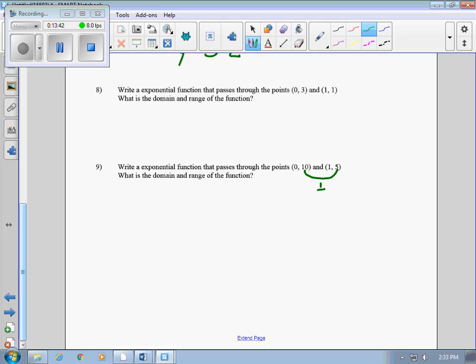That does decrease, but we have our y equals 10. That was our starting point of (0, 10), and it went down, so 10 times 1/2 to the x. Okay, that concludes the homework.